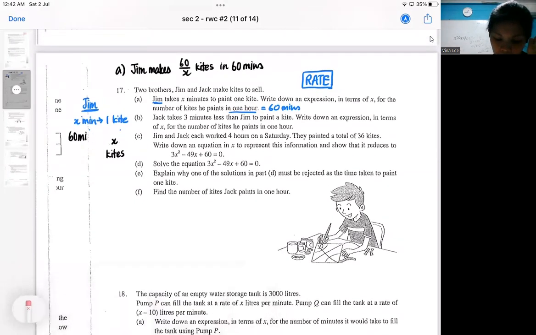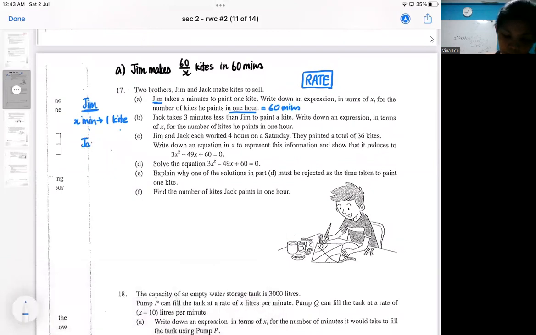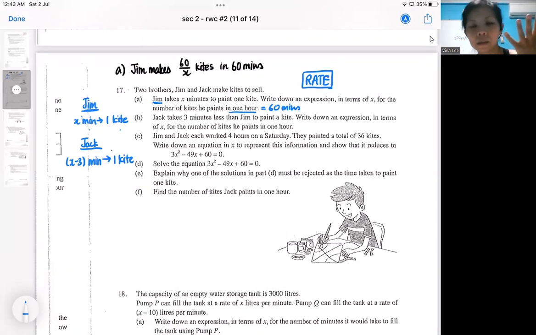Right now, let's carry on. The brother Jack takes 3 minutes less. So instead of X minutes, he will take X minus 3 minutes for a cut. If you use the same number just now, if Jim takes 10 minutes, Jack will take 7 minutes.